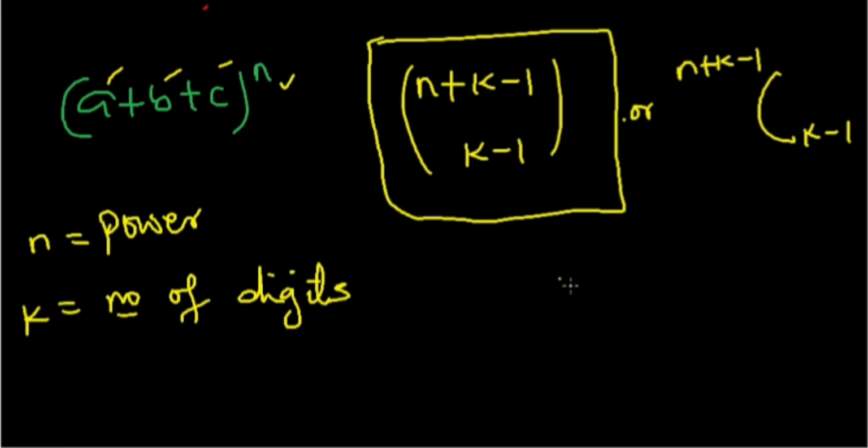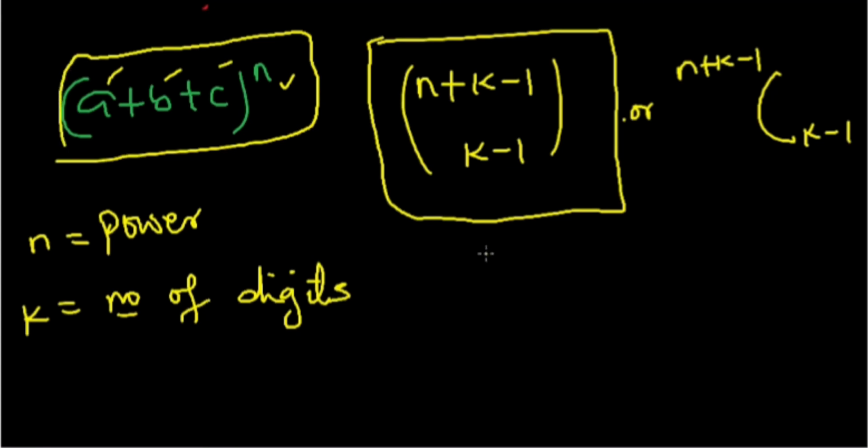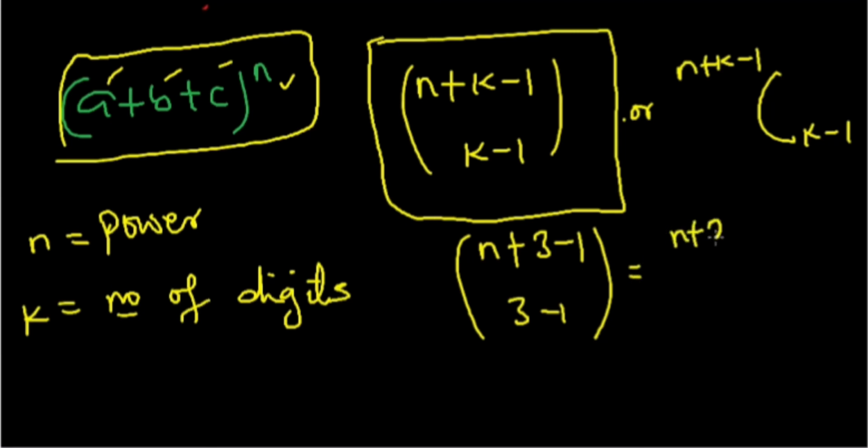So if I want to find the number of terms that will be possible in this one, I will just say n plus 3 minus 1 combination 3 minus 1. Don't forget, k is the number of digits. So that will be n plus 2 combination 2, isn't it?